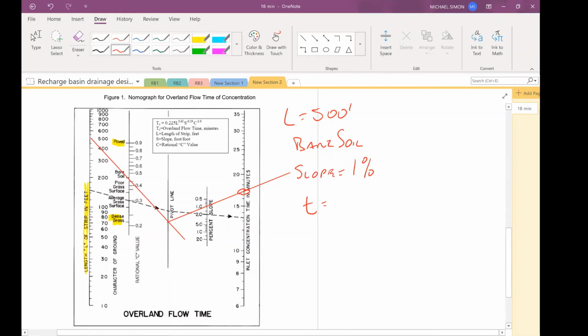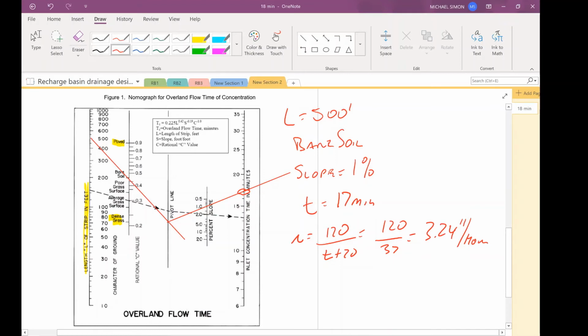That will be 15, 16, 17 minutes. 17 minutes. That would give me an intensity of 120 over T plus 20, which is 120 over 37, or 3.24 inches per hour. That's how you find your time of concentration.